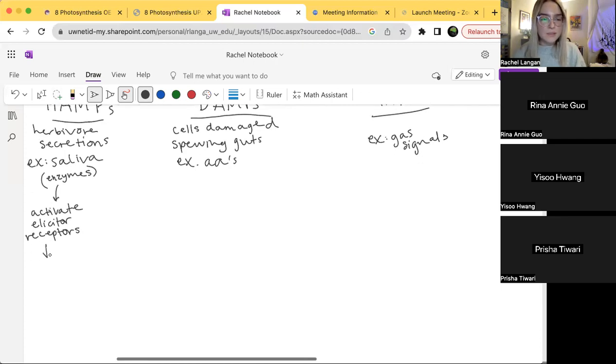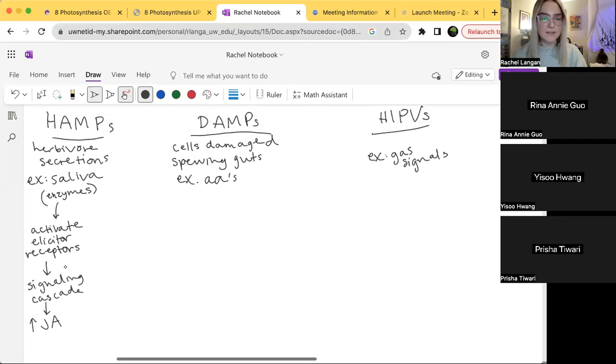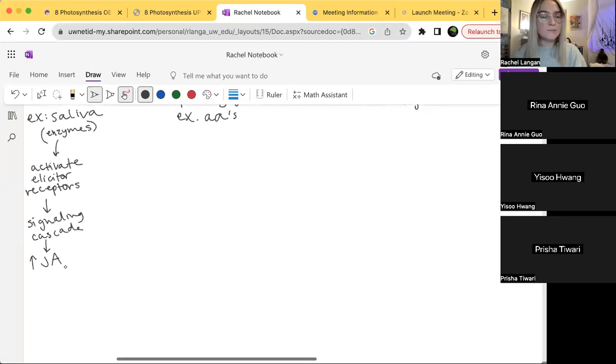Those receptors on the plant cell are going to activate a signaling cascade, aka we don't know the details of what happens, but we do know at the end we get an increase in jasmonate or jasmonic acid or JA, and that's kind of the key plant defense signal.